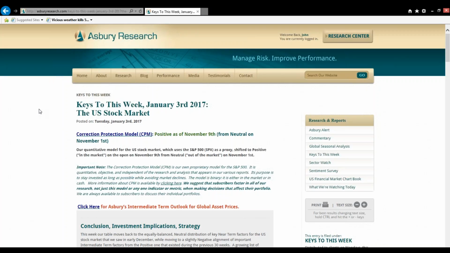So let's scroll through the report, because what we're going to do today is, rather than go through the entire report, I'm going to hit on 2 of our 10 keys to this week. We're going to look at some charts pertaining to them and get a better idea of what we look at here and how we make determinations as to whether the markets are headed higher or lower.